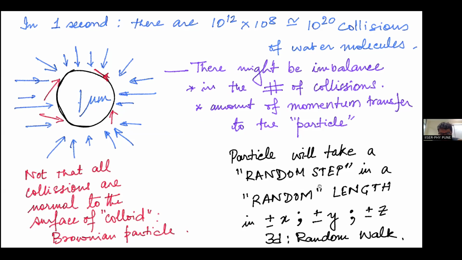It will take a small step of random length in the plus x or minus x direction in a small amount of time, much smaller than 1 second, because there are so many collisions happening per 10 to the minus 12 seconds.